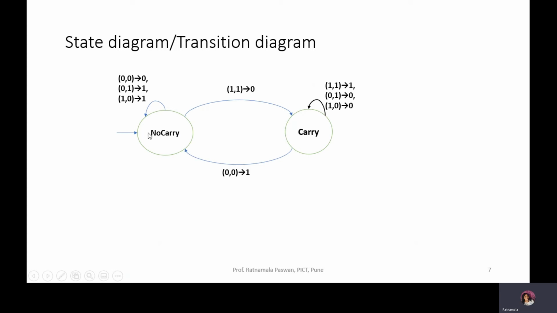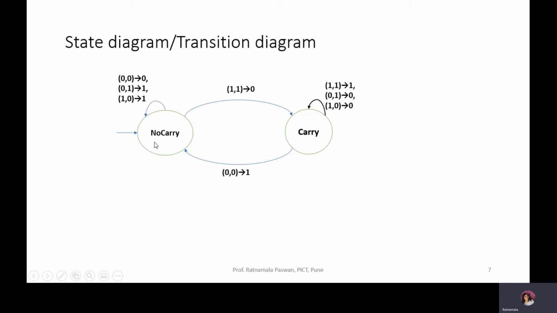Let us see how it works, since initially it is in no carry state. But remember, when we design the transition diagram, we consider all inputs from each state. What happens when the machine is in the no carry state? We consider all the inputs from this state, and once we have done all the inputs from this state, then we consider all the inputs from the other state.